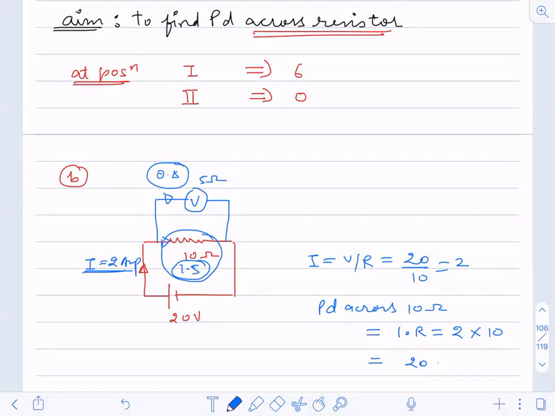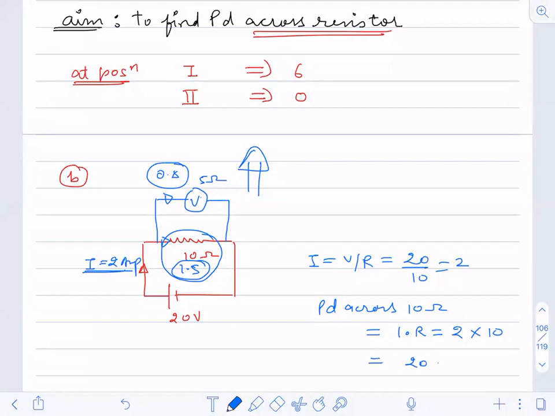So what is the need? This resistor should be very, very high, so that no current is allowed to pass through it. Because if any resistor has very high resistance, less current will pass through it; if it has less resistance, more current will pass through it.